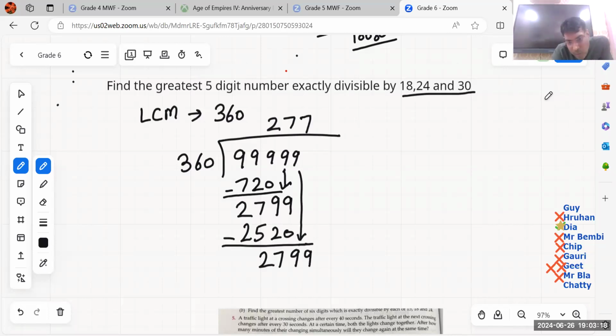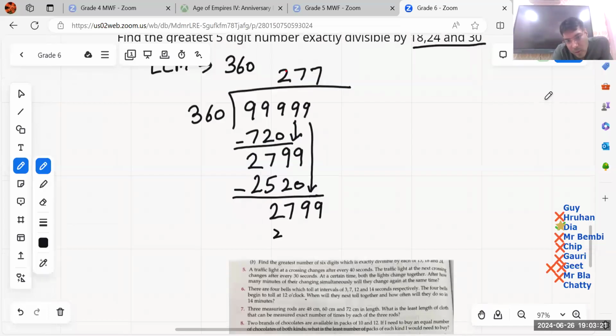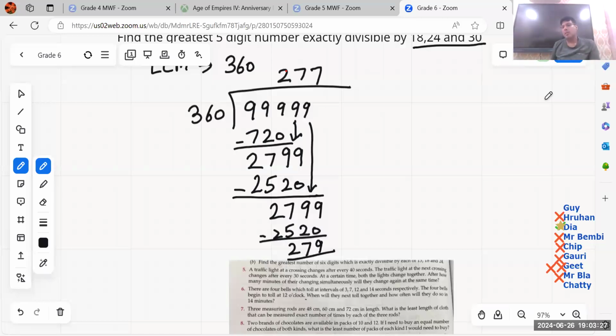So again I will use 7, and again I will get 279 as my remainder. So till here everyone was able to do it, yes or no? Yes, sir.